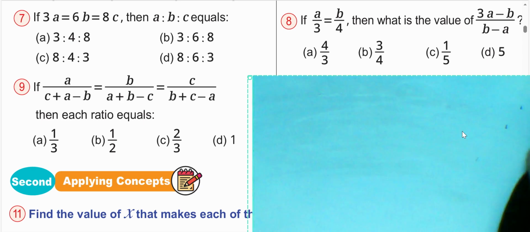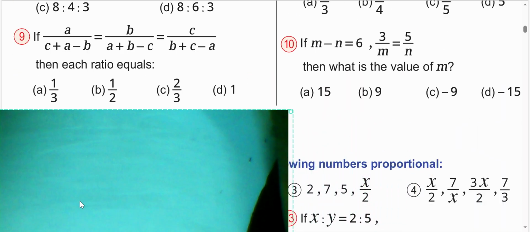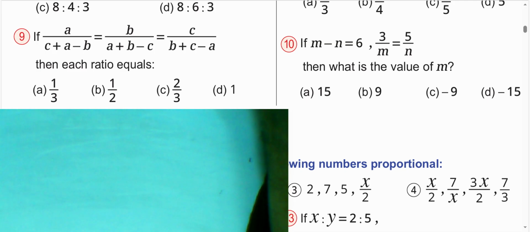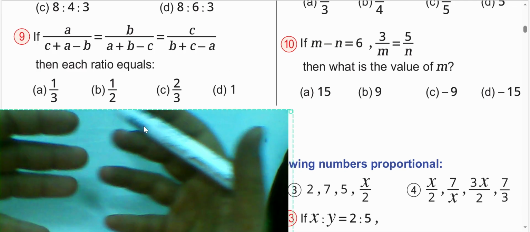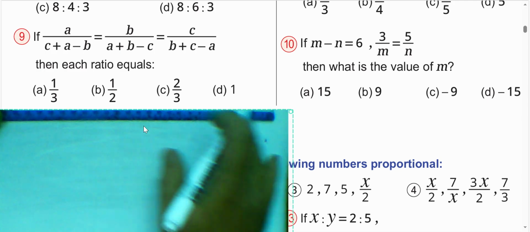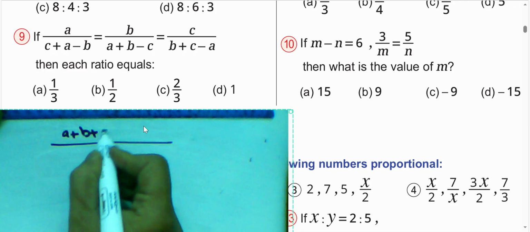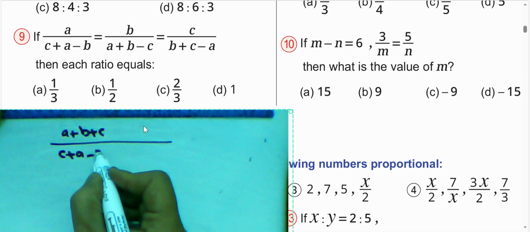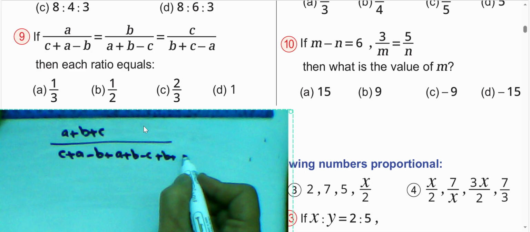Next question, number 9. We are given that a over (c plus a minus b) equals b over (a plus b minus c) equals c over (b plus c minus a). Then what does each ratio equal? We want to find the ratio. We can add numerator to numerator and denominator to denominator, by the properties of proportion. If we add the antecedents together and the consequents together, up we have a plus b plus c, and down we have c plus a minus b plus a plus b minus c plus b plus c minus a.